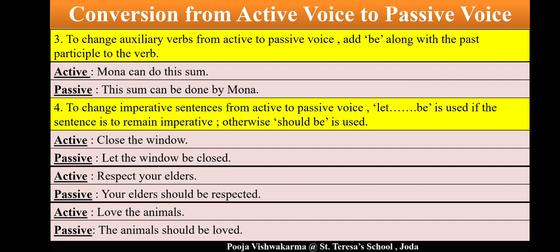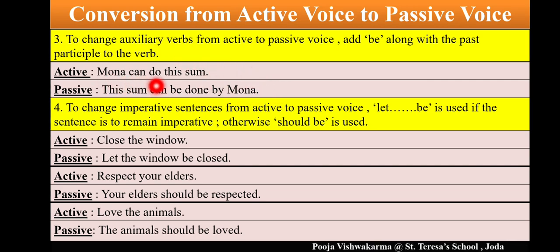Suppose I'm changing the auxiliary verb from active to passive voice. Auxiliary helping verbs, which you use to express your tense, mood or voice, like can. Okay, so these are auxiliary verbs. When you're changing from active to passive, do remember we have to use be. We have to add be with the past participle form of the verb.